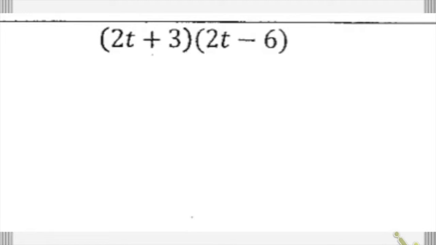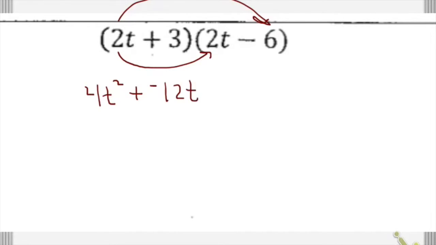So the next warm-up gives us an opportunity to practice that FOIL, first, outer, inner, last. So we'll start with that first term times first term, which gives us 4t squared. Outer terms, so we have 2t times the negative 6, which gives us a negative 12t.